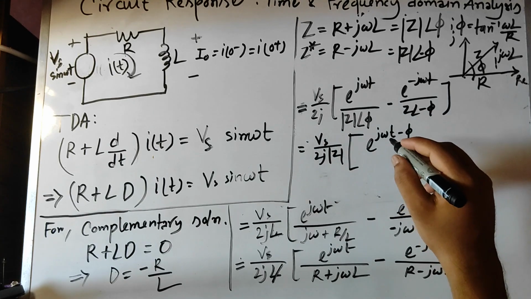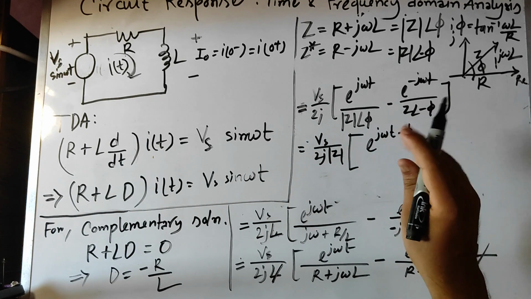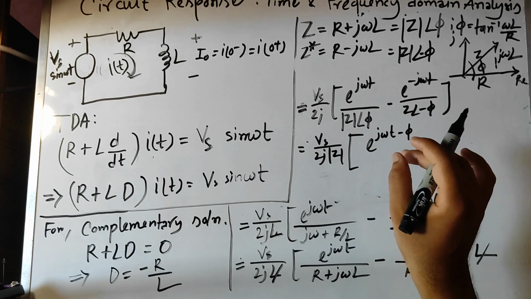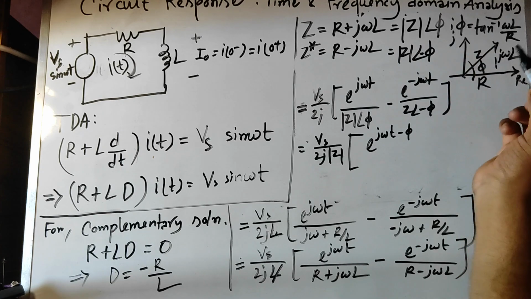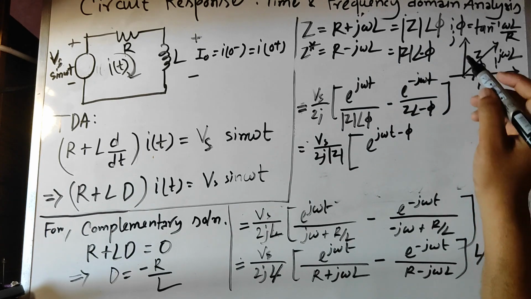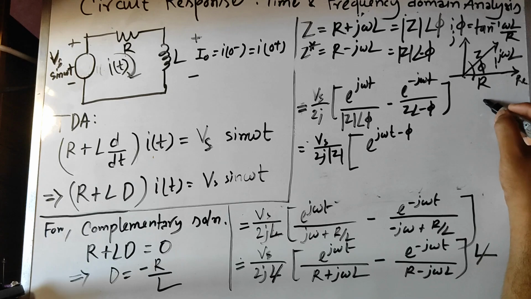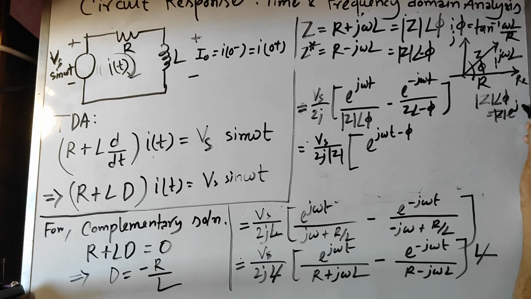So if you have studied phasors or polar forms, the polar forms can also be written in Euler terms. Okay, so z phi is the same as z e to the power j phi.